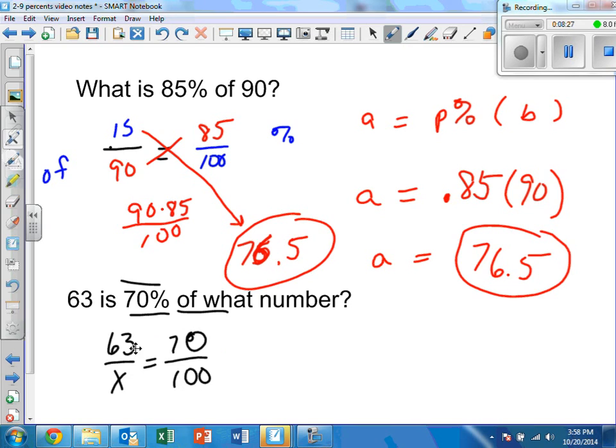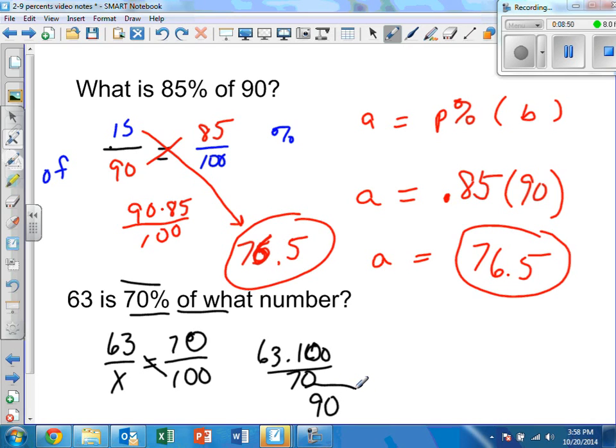Cross multiply and divide. 63 times 100 divided by 70. If you wanted to, you could do this 63 divided by 70, and you would come up with 0.9 times 100 would be 90.